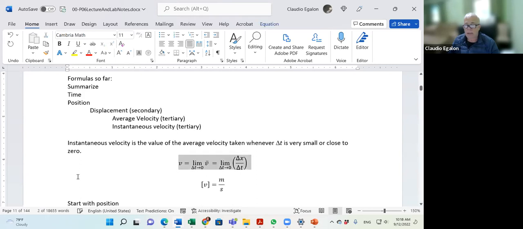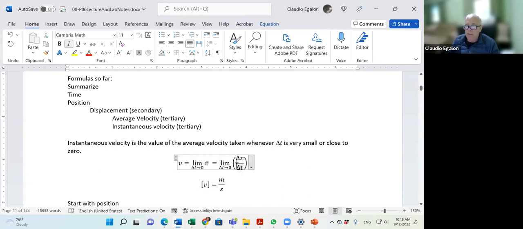It's possible to do that in physics, okay? How do we define the instantaneous velocity? We're not going to cover that here because that requires calculus, but I want you to know. The instantaneous velocity is the average velocity taking a delta t going to 0. So we make delta t very small.